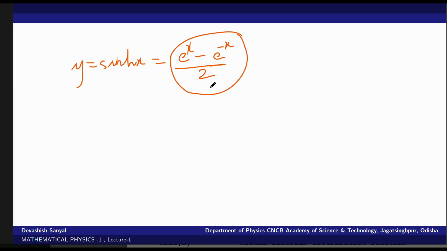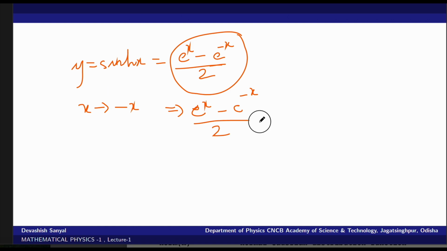So one thing about this function is you can see that if x goes to minus x, then what happens? e to the power x minus e to the power minus x by 2. That is, I am changing the coordinates. I am just flipping the coordinates of x.